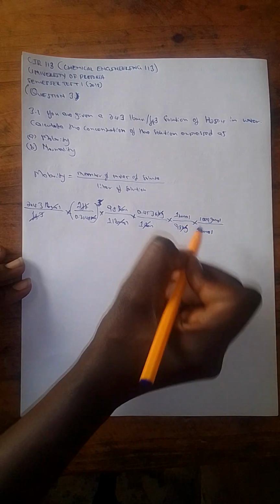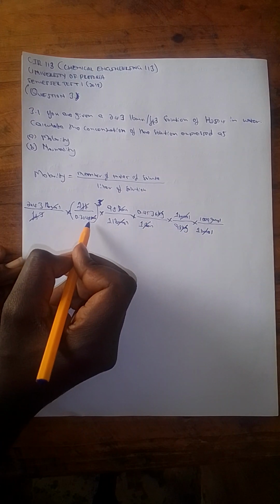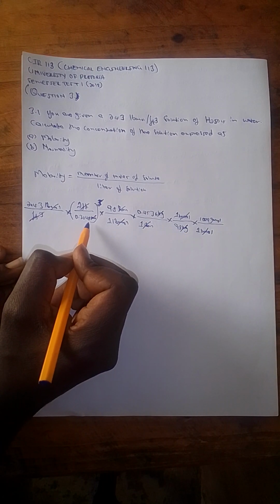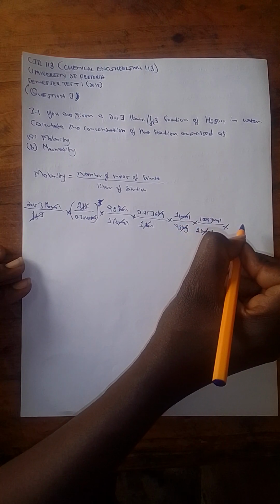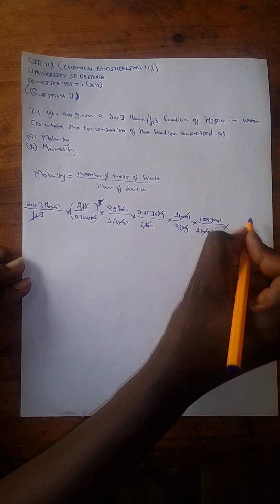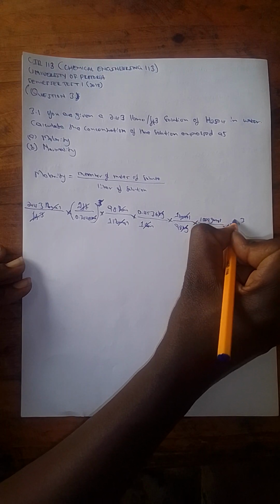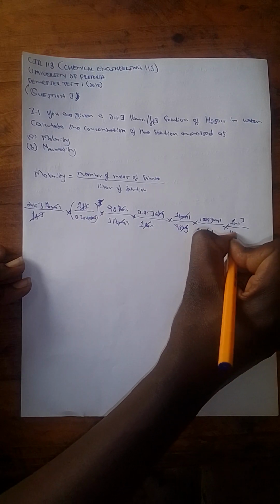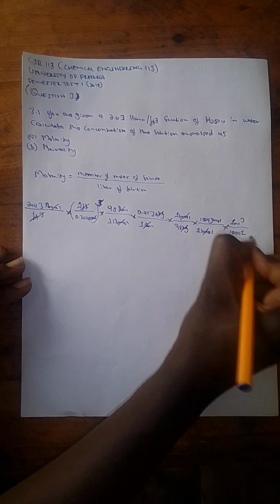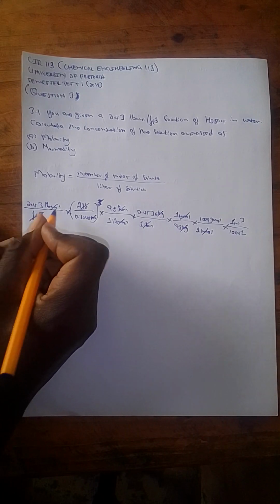Then we have converted the kilomole into gram mole. Now we are left with the meter cubed, and we need to convert it into liters. We know 1000 liters is equal to 1 meter cubed, so we say 1 meter cubed all over 1000 liters.